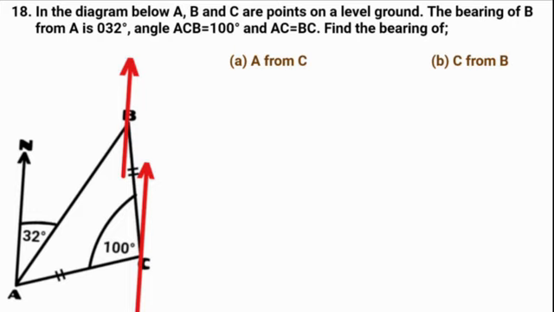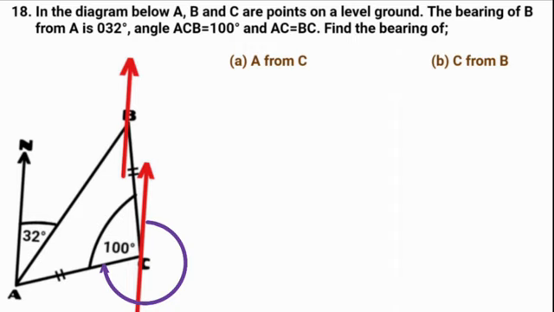Then we need to identify the bearing we want to find. So the bearing we want to find is this one. Now it is easier to find the bearing of A from C. The problem here is that there is a certain angle whose value we don't know.